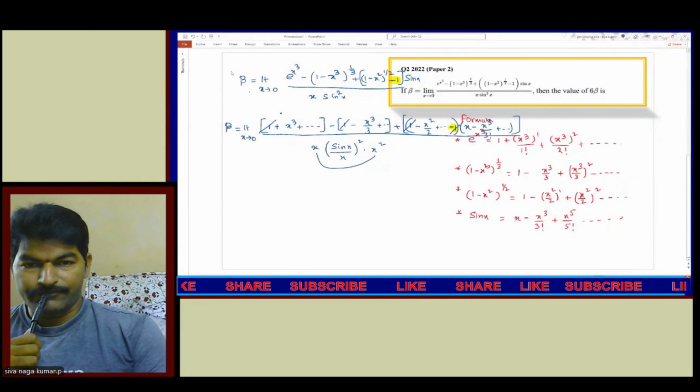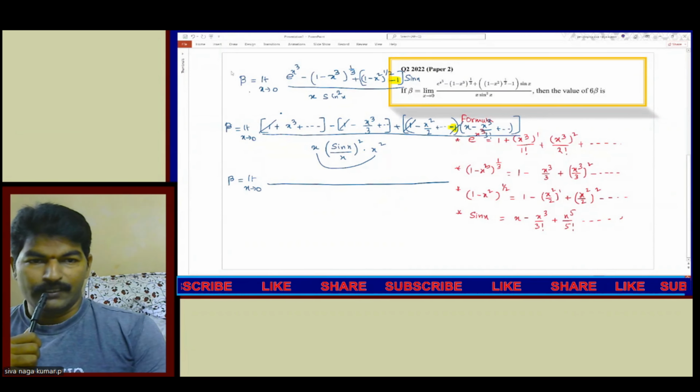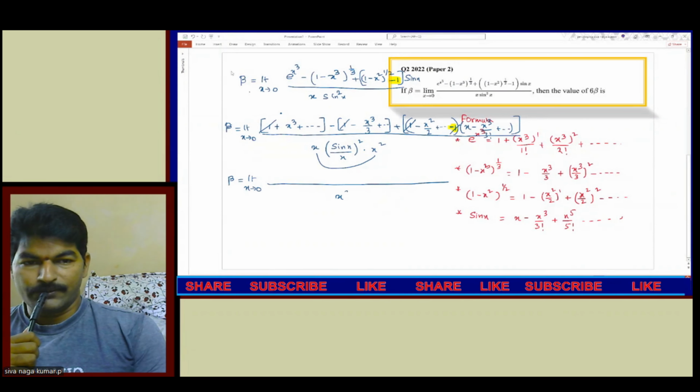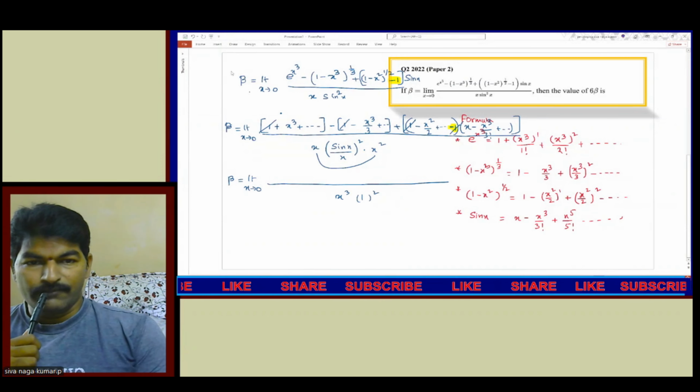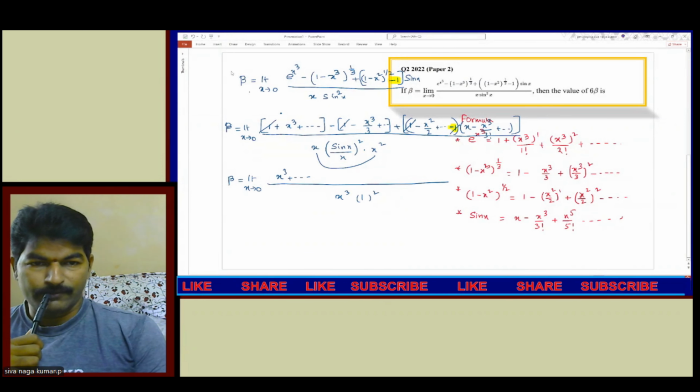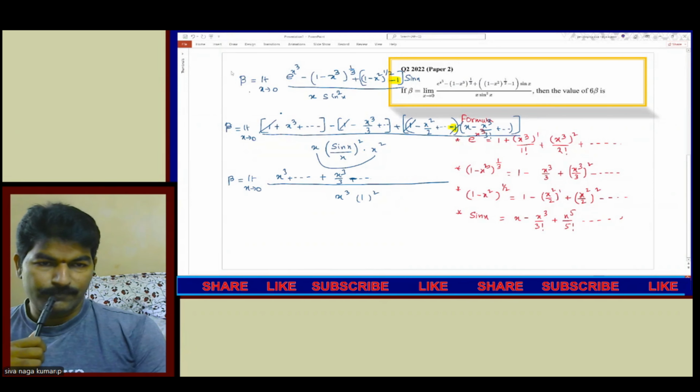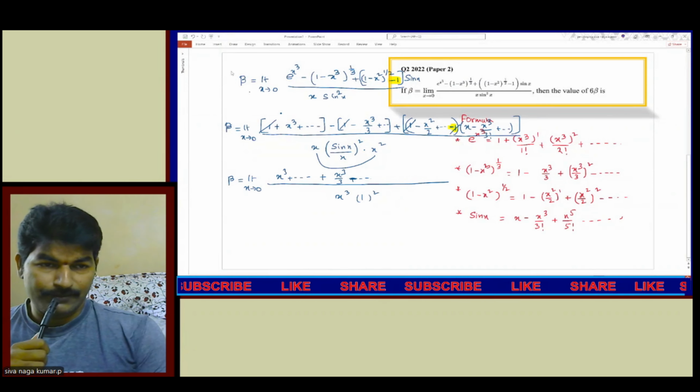So what is left? Beta equal to limit x tends to 0. This x into x square is x cube. And sin x by x whole square is 1 square. And what is left here? x cube and so on from the first bracket. And from the second bracket also, minus into minus is plus x cube by 3, and so on. Of course, minus and so on, because we are multiplying with minus.